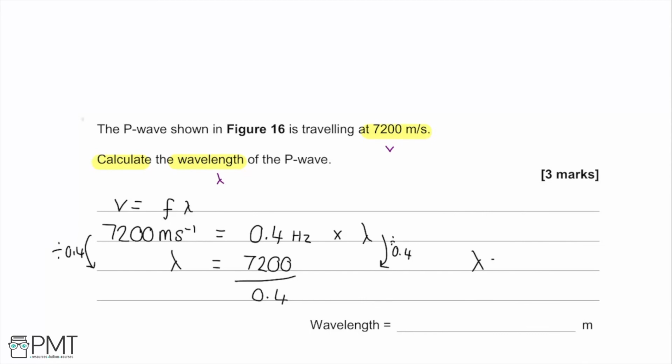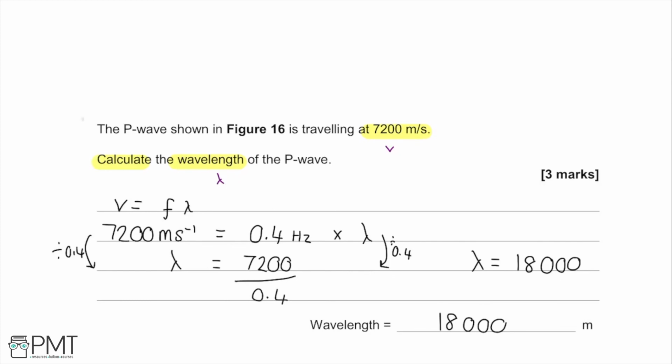And if we put this into our calculators, this gives us an answer of 18,000, which I can substitute into the box here. Now we're already given the unit metres, so it's a good idea just to go back and check that we didn't need to do any type of conversion throughout this question.